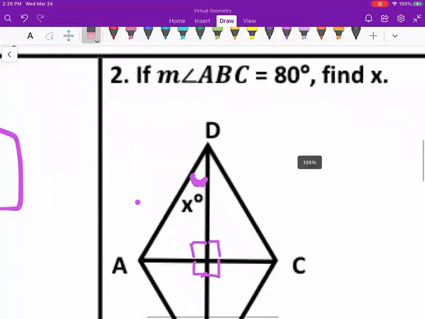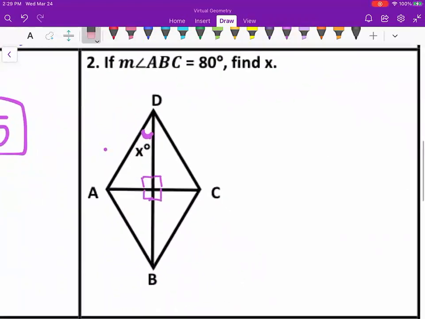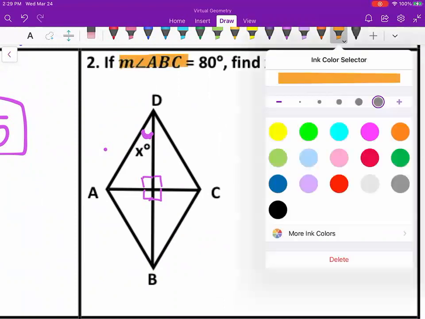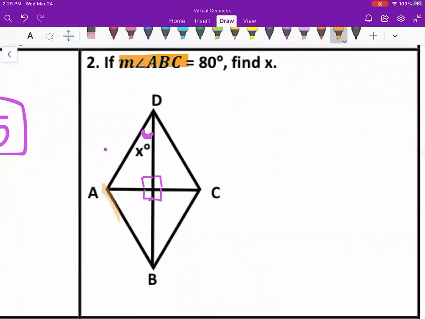It also tells me that the measure of angle ABC is equal to 80. So remember, measure of angle ABC. We're going to start where A is, go down to B, and out to C. That whole thing is what is 80 degrees. And remember, that diagonal splits that in half.